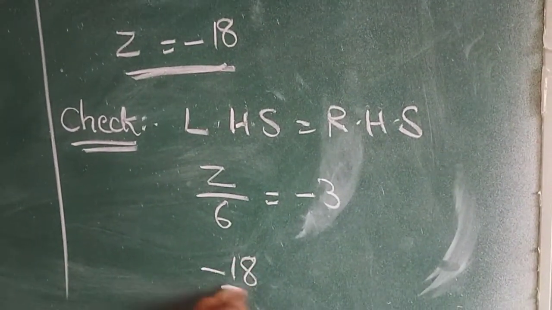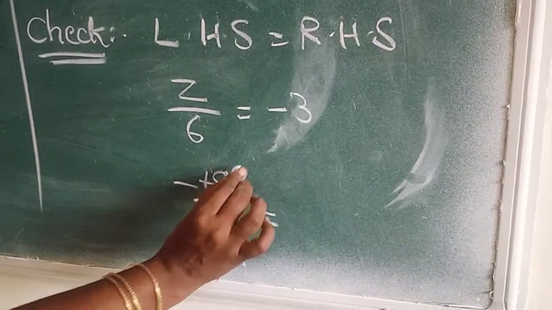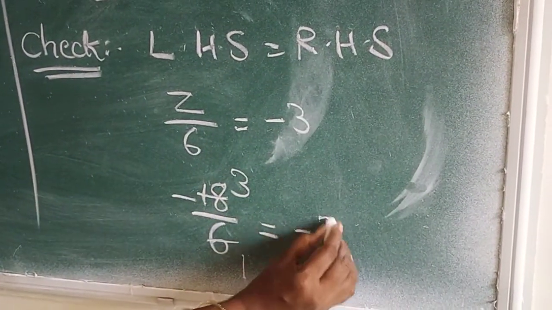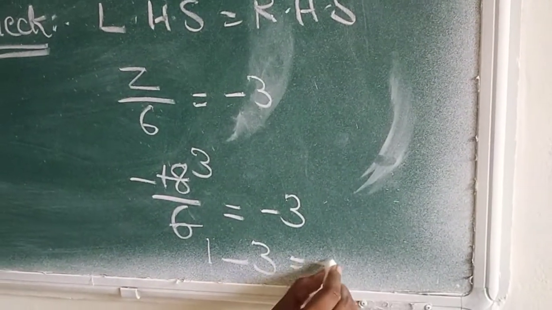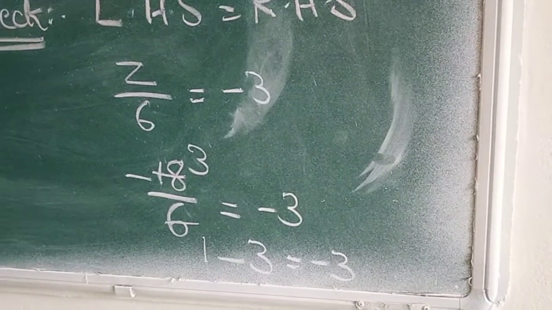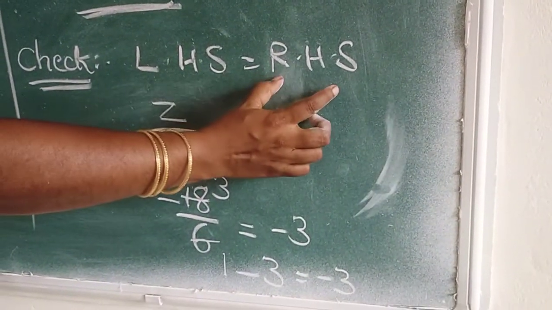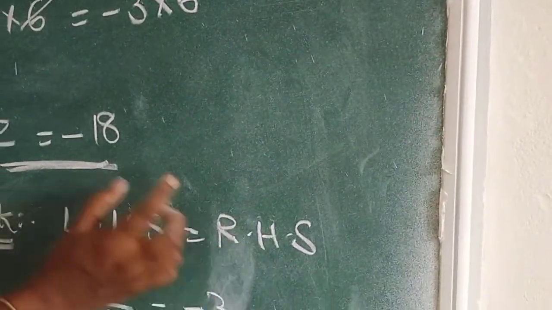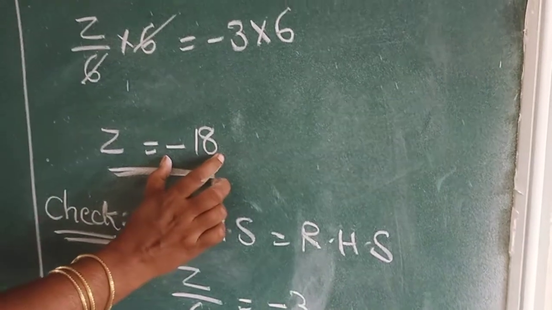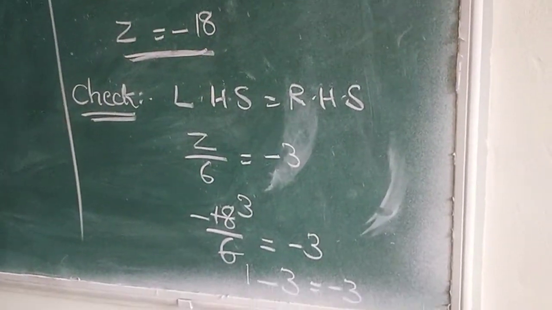Minus 18 by 6 is equal to, 6 threes, that is minus 3 is equal to minus 3. So the value of LHS is equal to the value of RHS. Satisfying the equation, the variable value is minus 18. z is equal to minus 18.